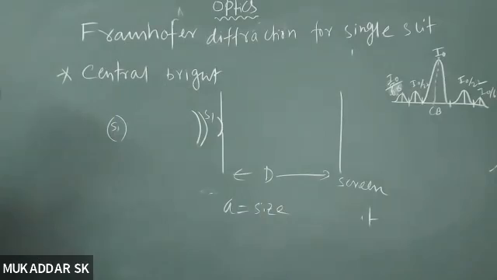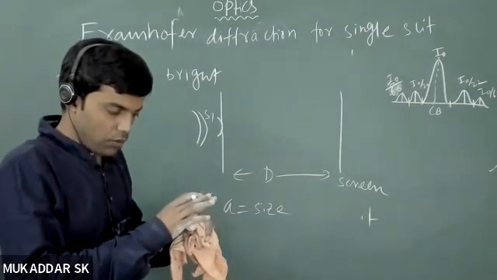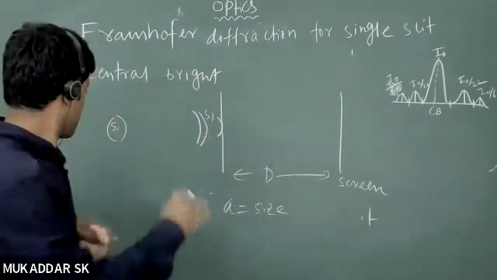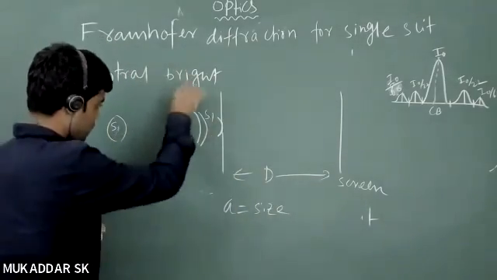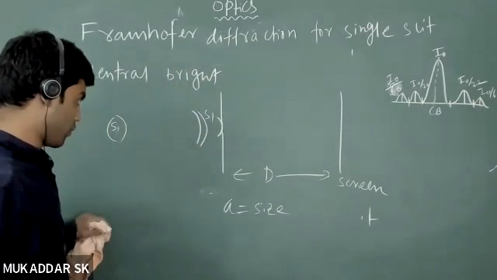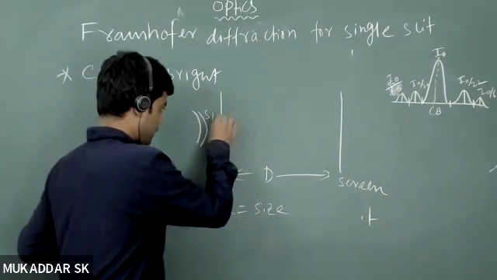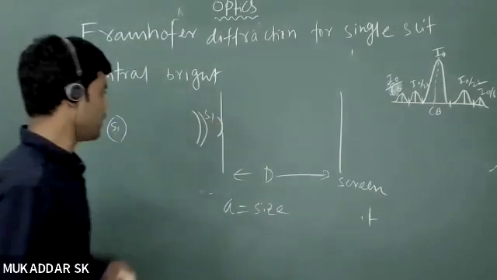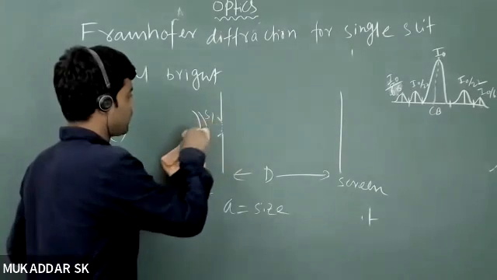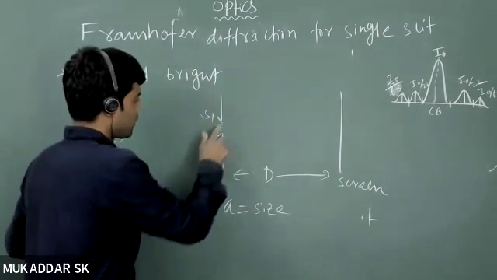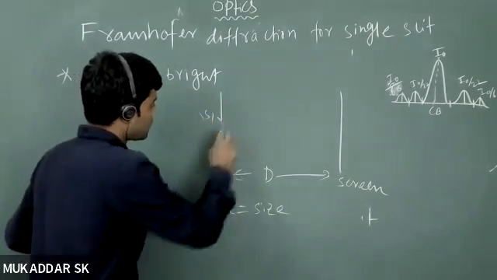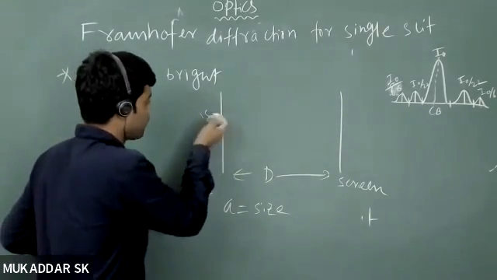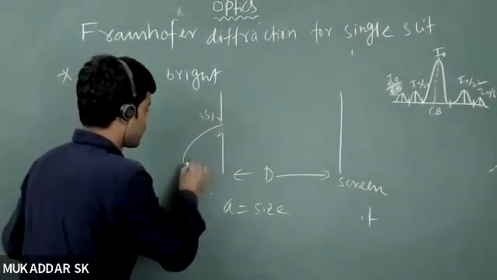So as we know, light source will produce spherical wave front, right? यहाँ से जो आपका रे पास होगा किस तरह के होगा? It will produce spherical wave front, and each point on this wave front will behave like a secondary source. So what I can say, this portion or this slit will have many number of light sources.